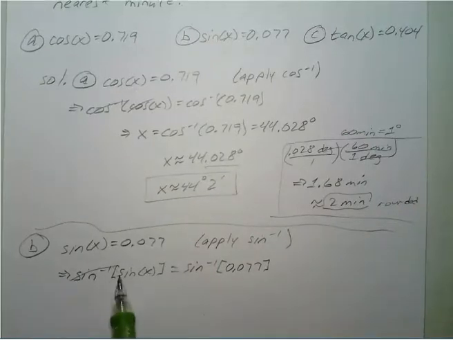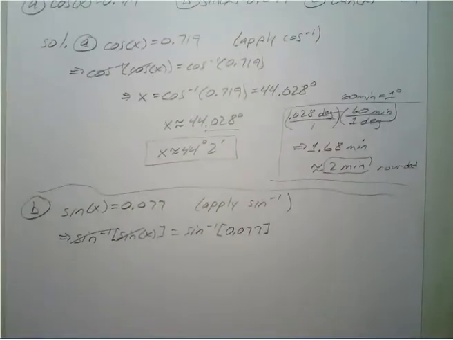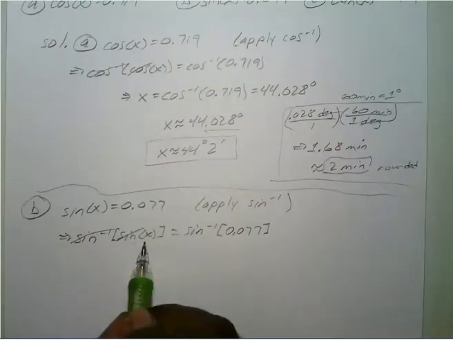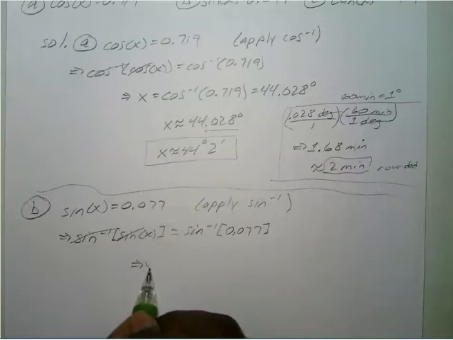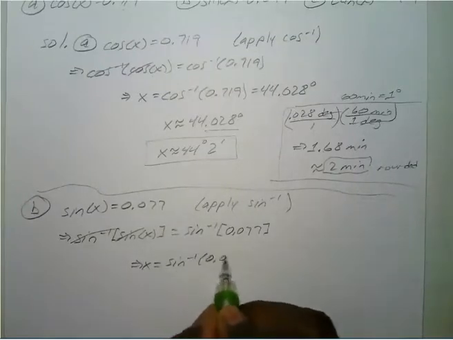The sine inverse and sine cancel out, so that just leaves the x. So x equals sine inverse of 0.077.